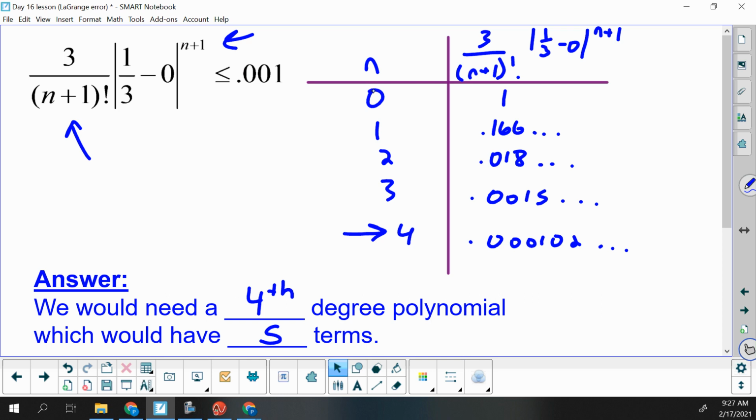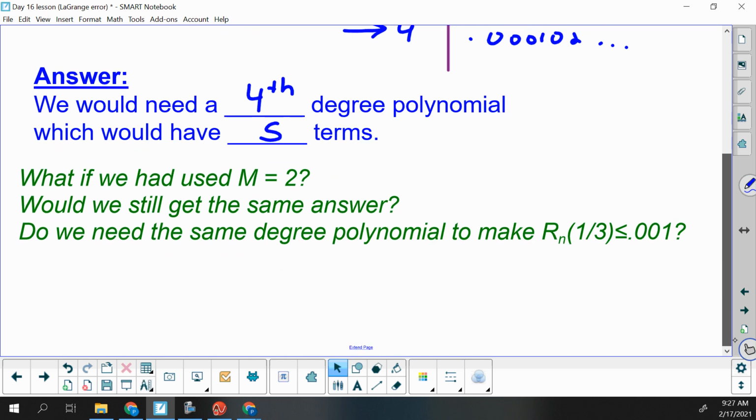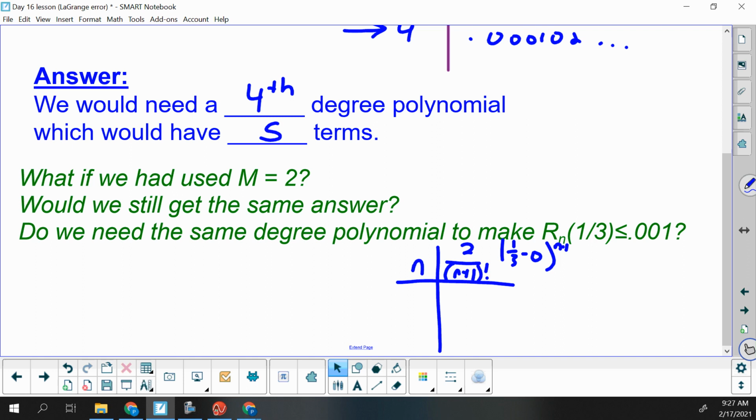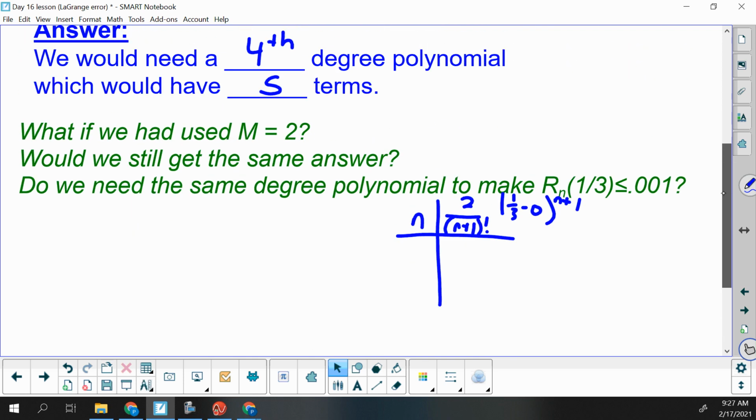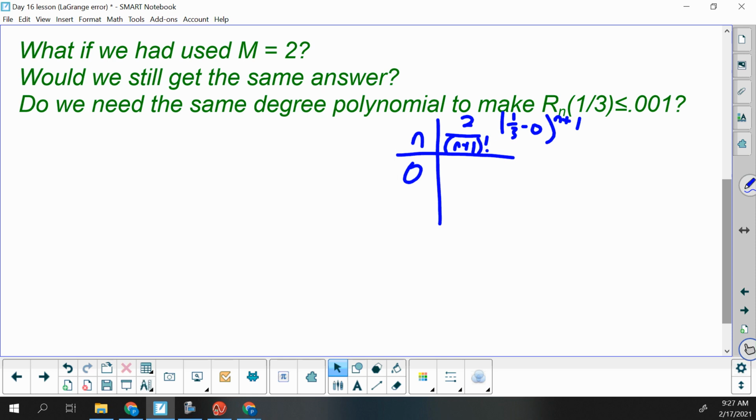Now, if we had done it with m equals 2, we would have had 2 over n plus 1 factorial and 1/3 minus 0 to the n plus 1. So we would have gotten 0 equals 0.6 repeating.